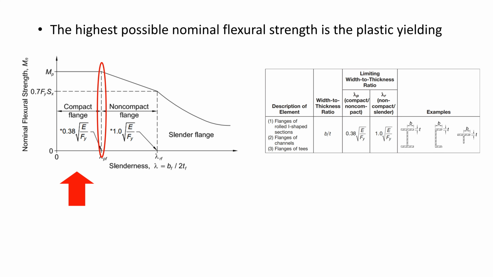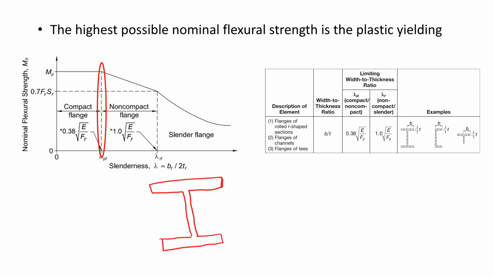In this region, the flange is thick enough such that flange local buckling would not occur, unlike in the slender flange region, where the flanges are really thin and are very susceptible to local buckling. A slender flange looks like this, while a compact flange looks like this.